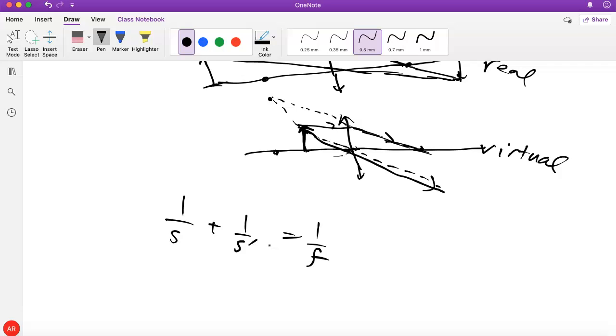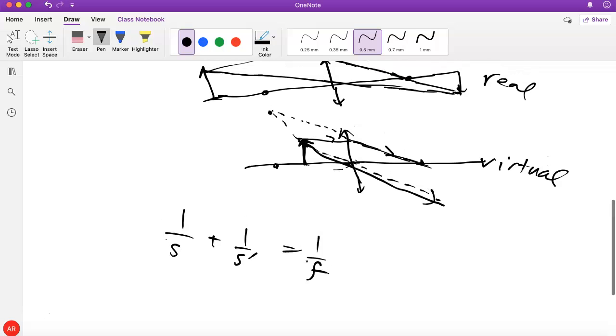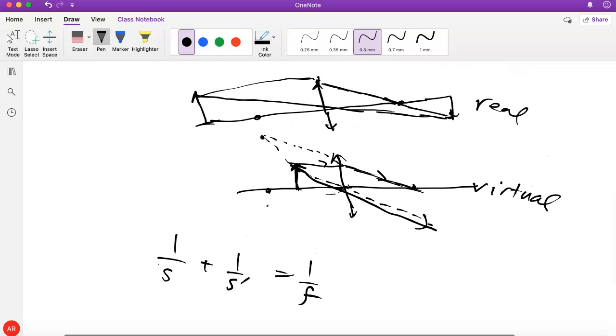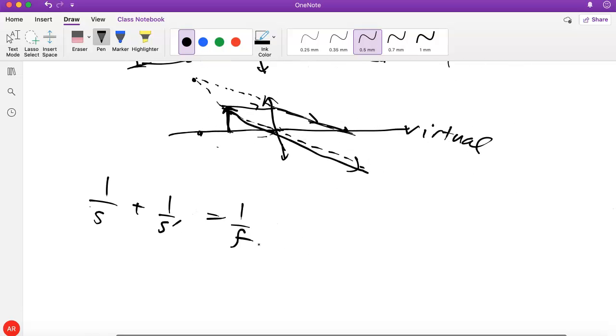Interestingly, if you solve this, you find a negative number for s prime. S is positive, f is positive, and s is smaller than f. So 1 over s is larger than 1 over f. That gives a negative number for 1 over s prime, and s prime is going to be a negative number.